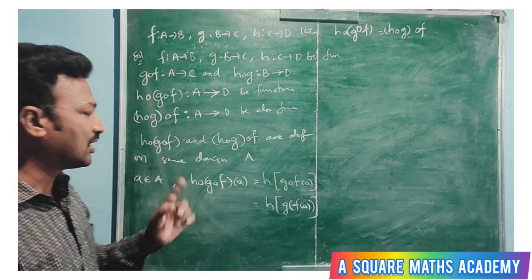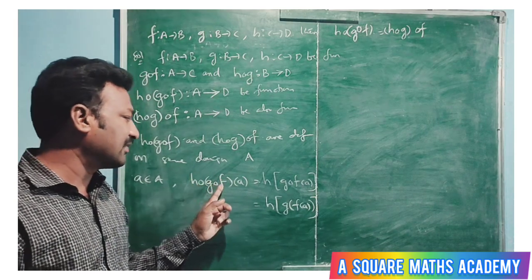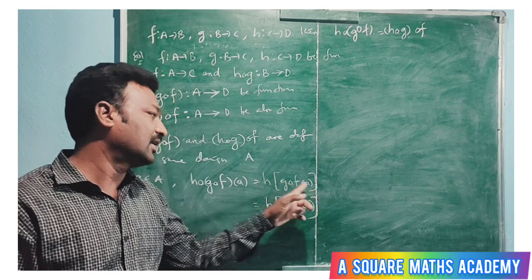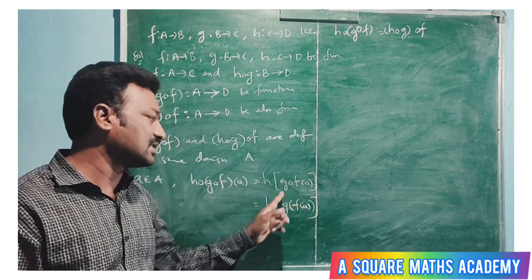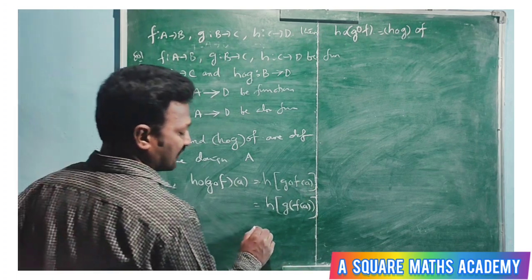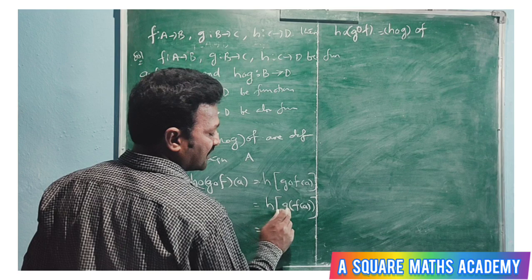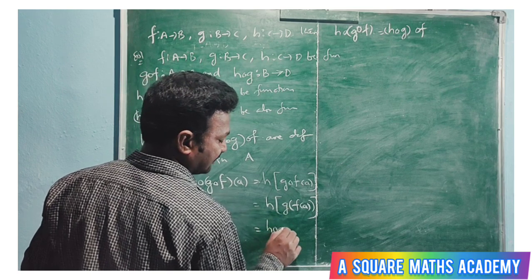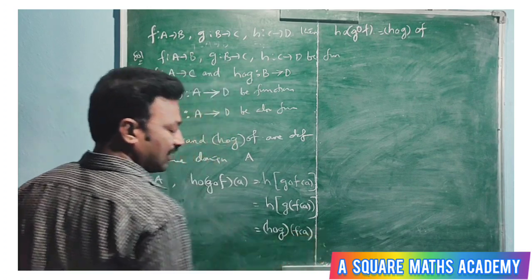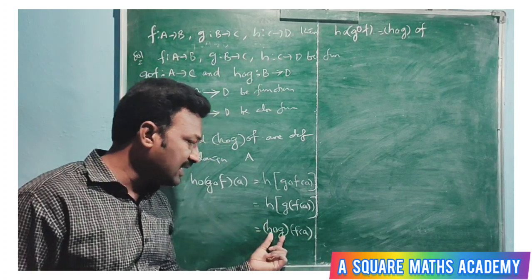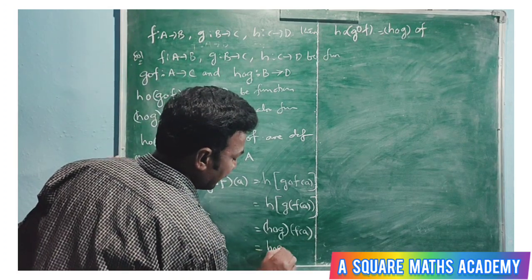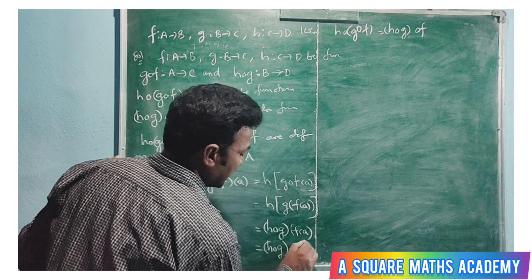Okay, so observe this one here. H circle G circle F of a equals H of G circle F of a, and as it is G of F of a we write G circle F. Clear? So that's why then after, H of G is also H circle G. H circle G of F of a. So H circle G of F of a is also H circle G circle F of a.